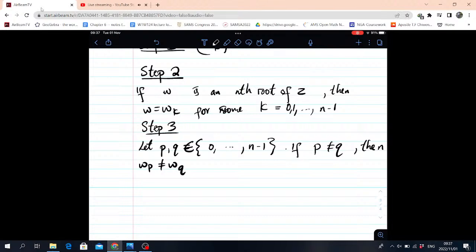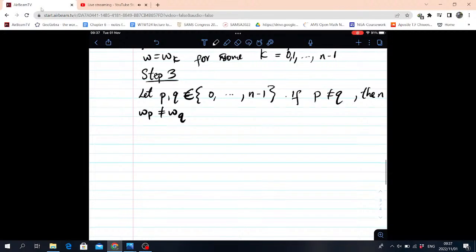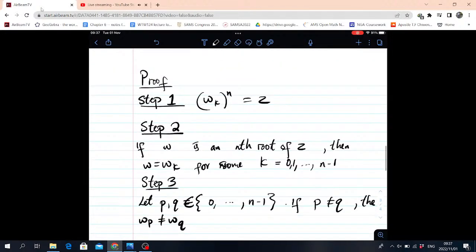Then we know that the whole set has got distinct nth roots. Right, and then we did step 1. So proof of step 1 we did in yesterday's lecture. And now we are going to look at step 2, and then step 3 will be left as an exercise.